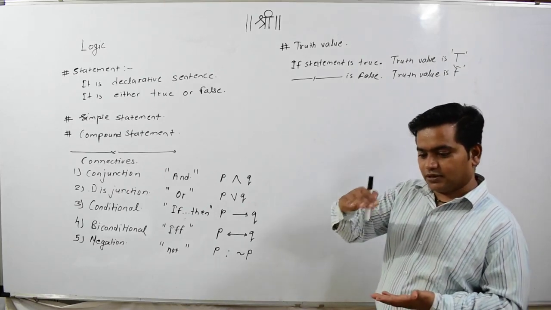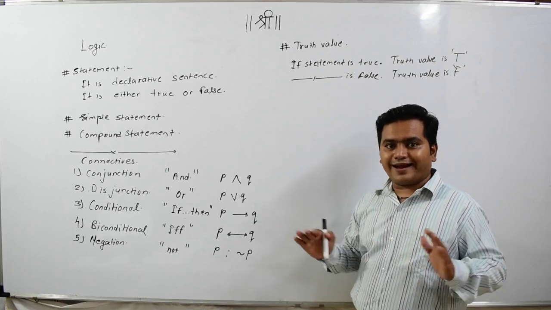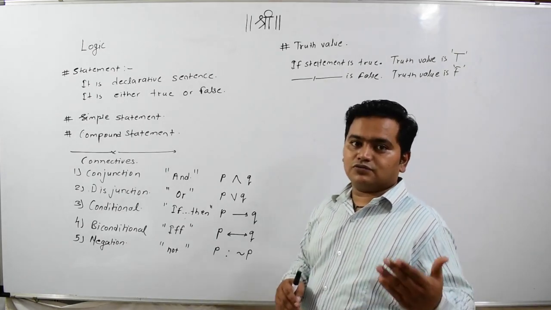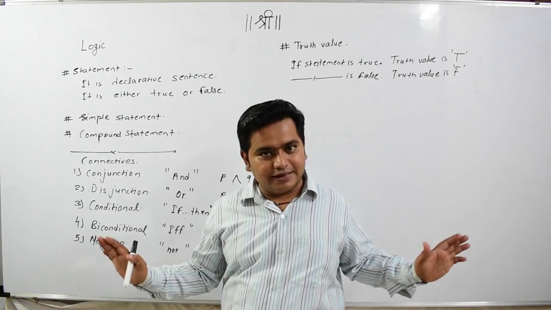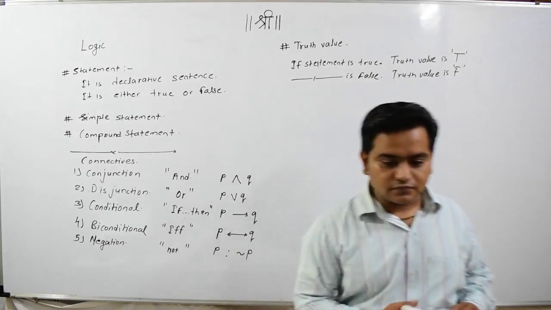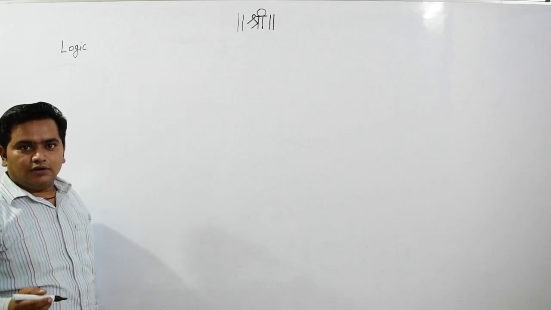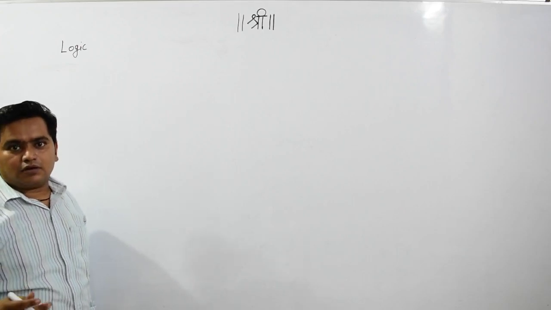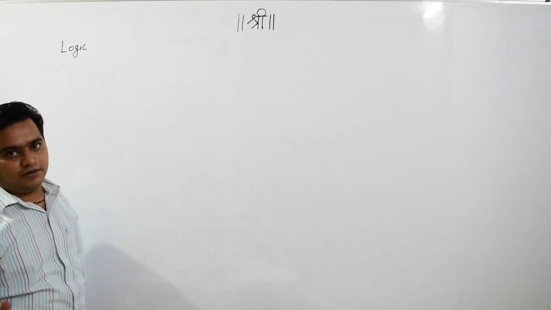That whole table contains different cases, and within those cases we can identify what should be the suitable value for the given statement. Hope I am clear. Now next we need to move on to the truth table for conjunction, disjunction, conditional, biconditional and negation.